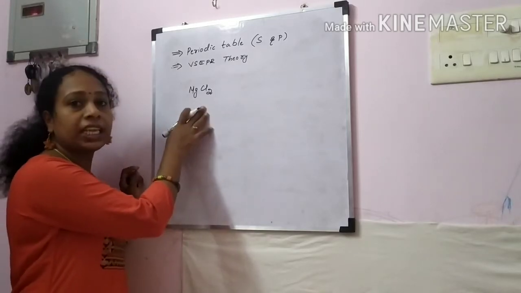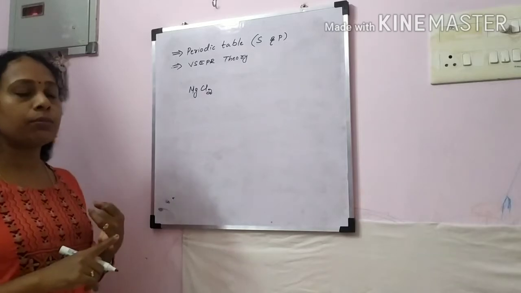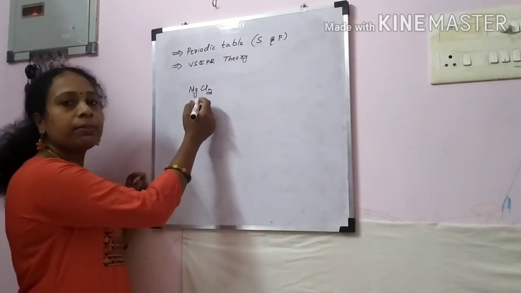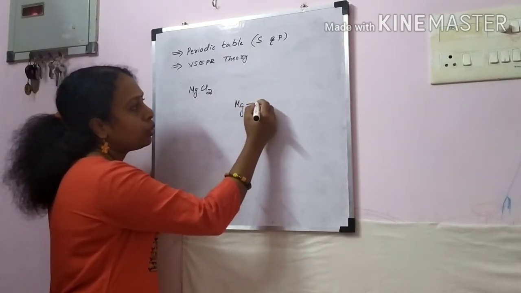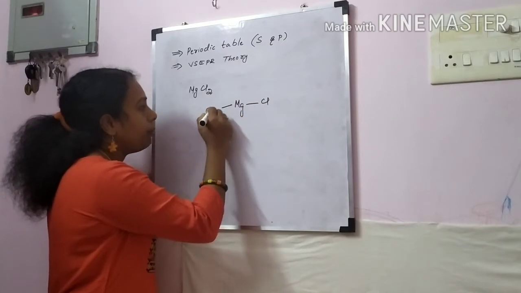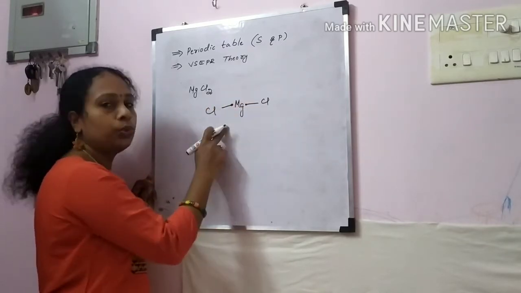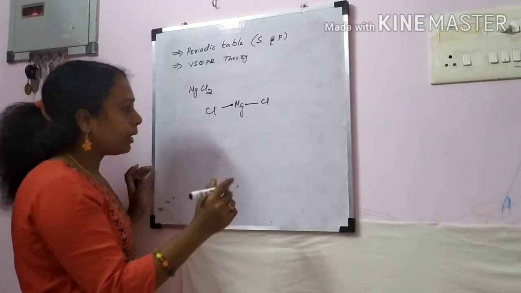Next we will see the case of 2 bond pair alone present. If 2 bond pair alone present, the molecule will be linear shape as per VSEPR theory. So we will see magnesium chloride. Number of outer electrons in magnesium is 2. So it will be making 2 bonds with the chlorine atoms. So magnesium chloride, 2 bond pair alone, there is no lone pair present.